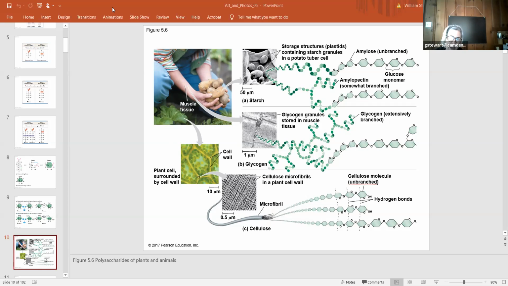So if I would go back to my whiteboard that I was using before, and I would type in here polysaccharide. And again, if you have the note outlines in front of you, you don't really need this because it's already on there, right? So the functions of polysaccharides, there would be two. One is to store energy, and remember that's in the form of ATP.